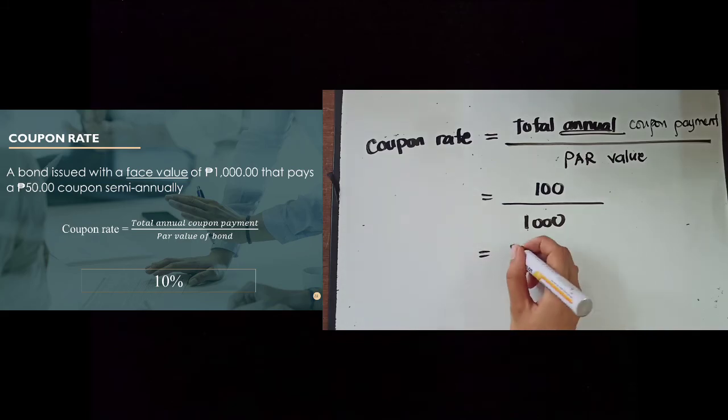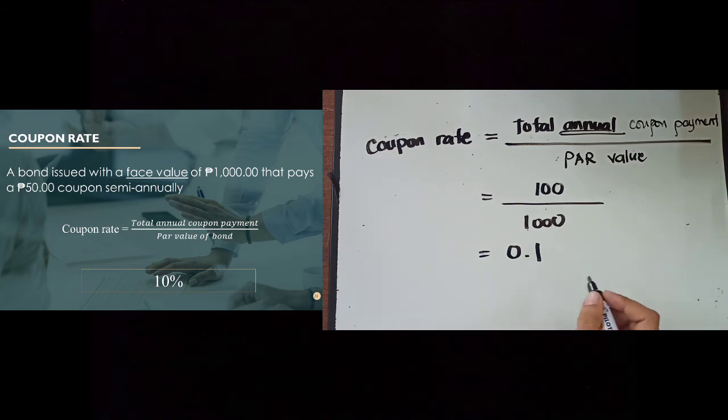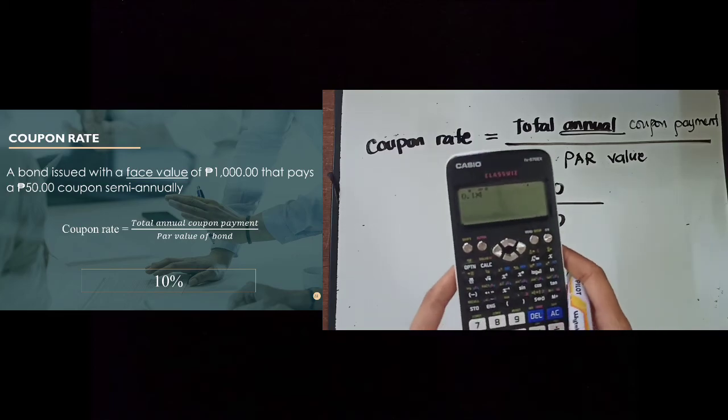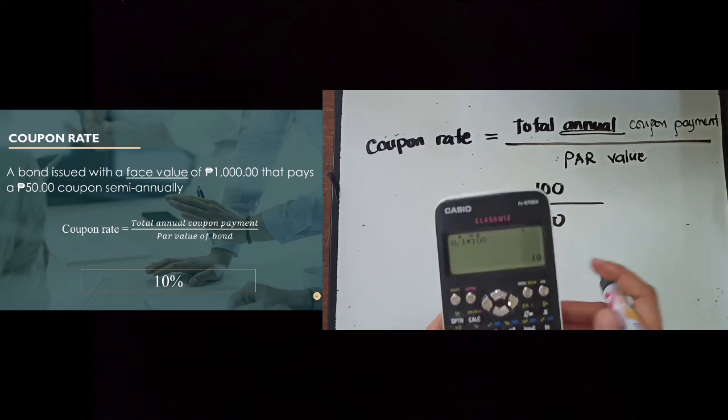So, this is 0.1. Coupon rate ang hinahanap natin, ibig sabihin, we need to convert this into percent. So how can we convert this into percent? Just multiply it by 100%. So, 0.1 multiplied by 100 is equal to 10%.